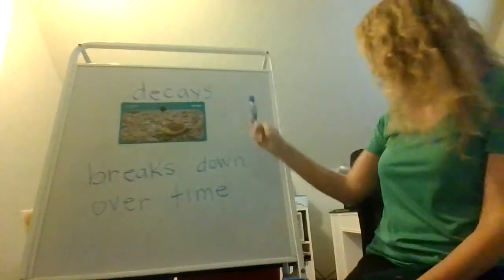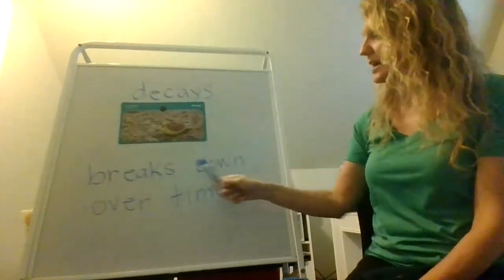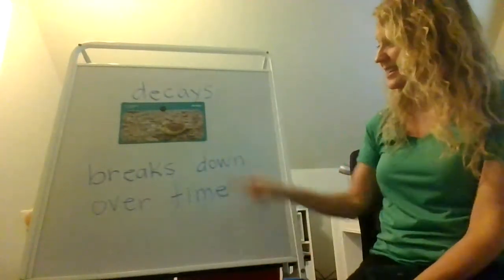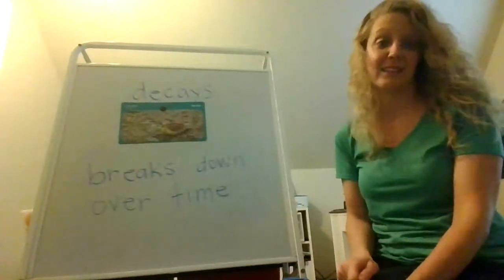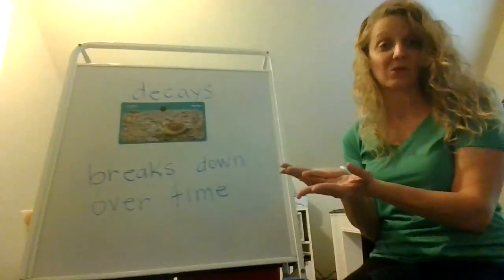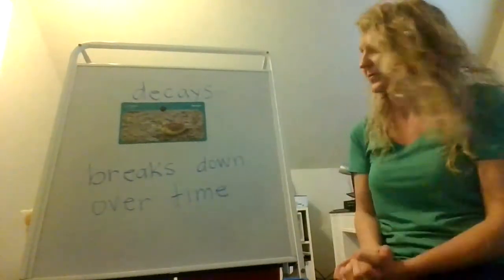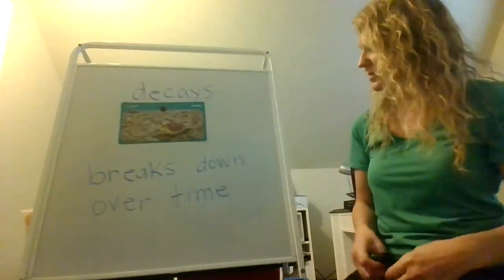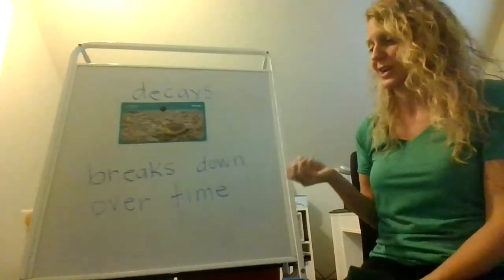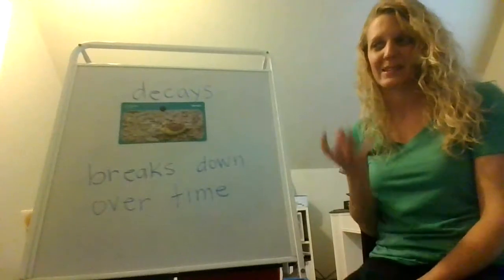So decays means breaks down over time. So that pear in a few days is not going to look the same as it used to when it was fresh. So when something decays, it changes and looks different because it's breaking down.